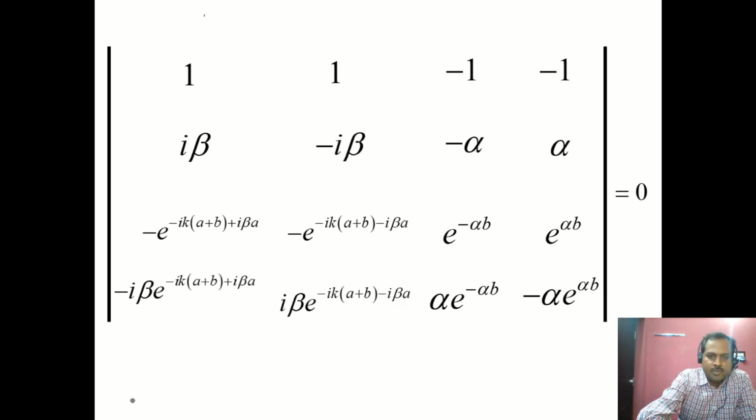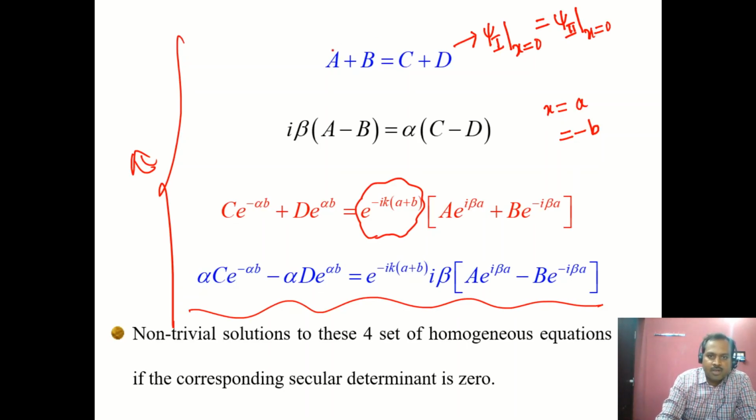And this determinant we are going to get from here. The constants multiplied with a are 1, 1, 1, 1. So it will be written as a plus b minus c minus d is equal to 0. So the coefficients are 1, 1, minus 1, minus 1. Similarly, here also we can bring all the coefficients to the left hand side.